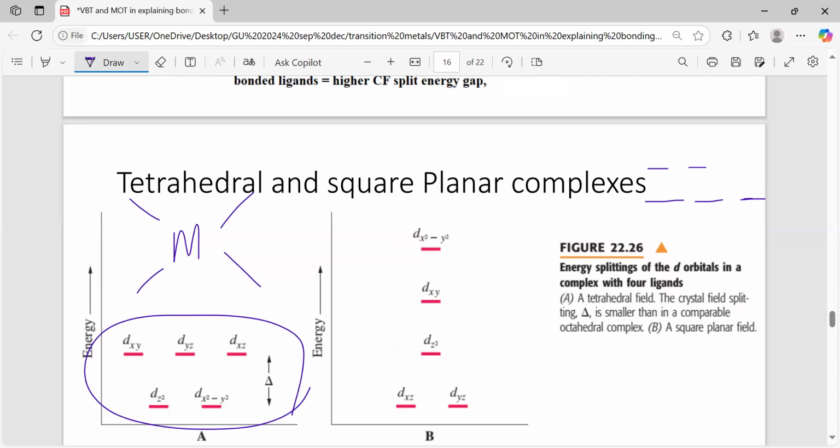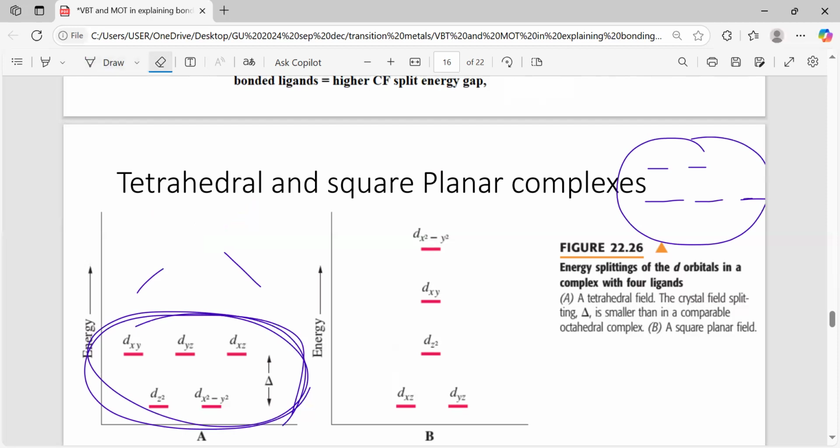Now, this is what we've already seen for octahedral, and this is what we see for tetrahedral complexes. Then we have square planar. Sorry, I've made a mistake.